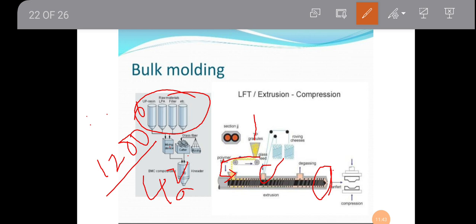The next one is fiber orientation control, which is the need for precise fiber placement for optimal mechanical properties, and after finishing we have to concentrate more on the properties of those materials.